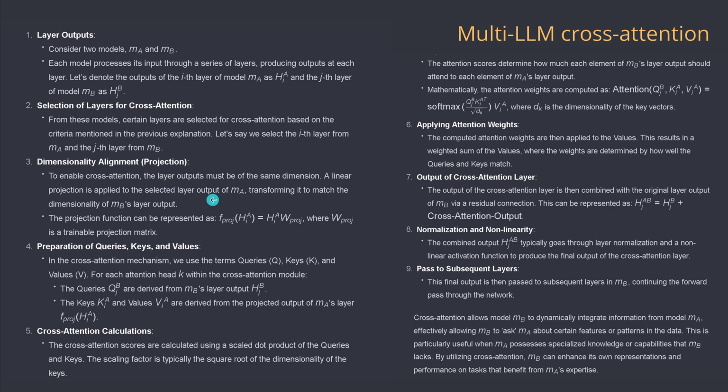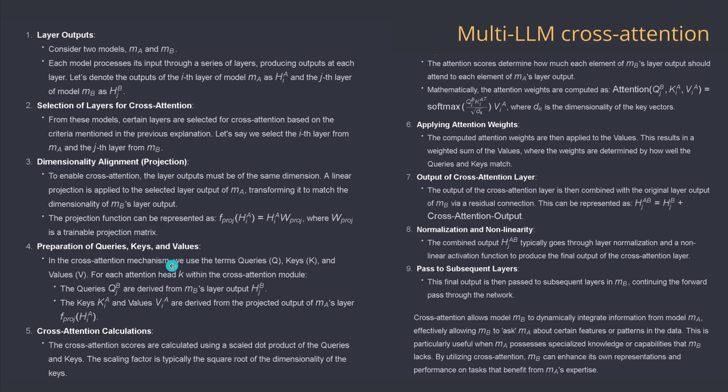You see the projection function that I showed you before, where our W projection is a new trainable projection matrix because the weights of both models are frozen. So we have to construct some new tensor architecture. And then, of course, this is the most important part: in this cross-attention mechanism, remember, think about self-attention, query, key, and value matrices.